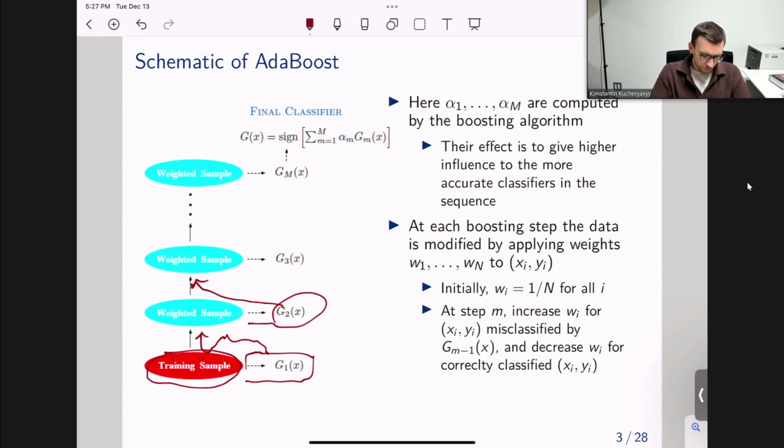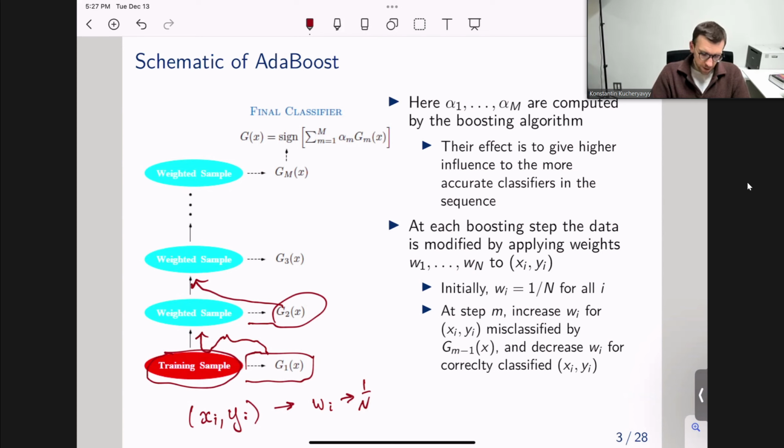We start with equal weights for each observation. Each observation (x_i, y_i) gets a weight originally 1/n, where n is the number of observations, and then we keep modifying the weights.